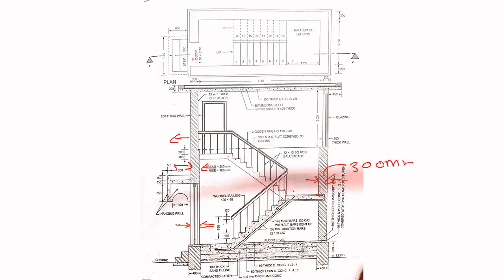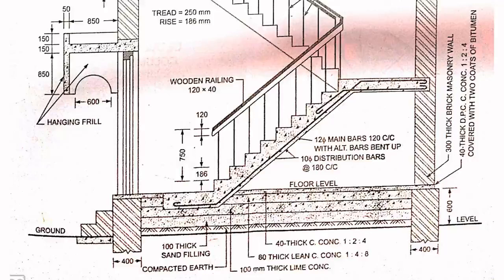Now we will see the bottom half of the elevation. The steps are taken from the ground floor. So this is your ground level. At the ground level, first you have to give compacted earth.